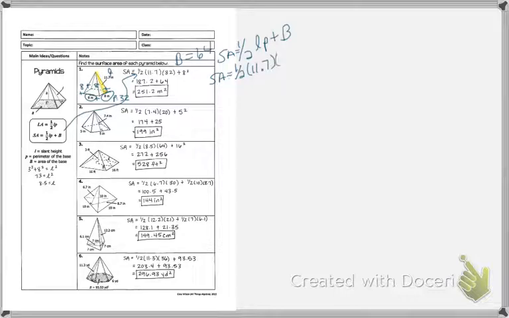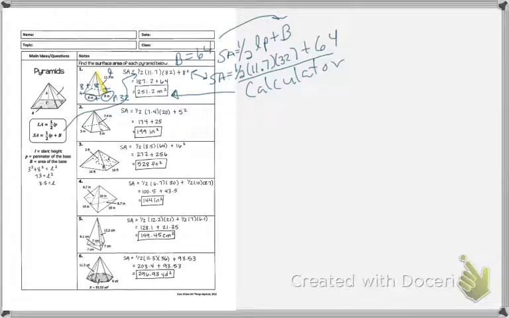I know the perimeter is 32. And then I know that this is my base area. This can just be put into the calculator, and you get that.